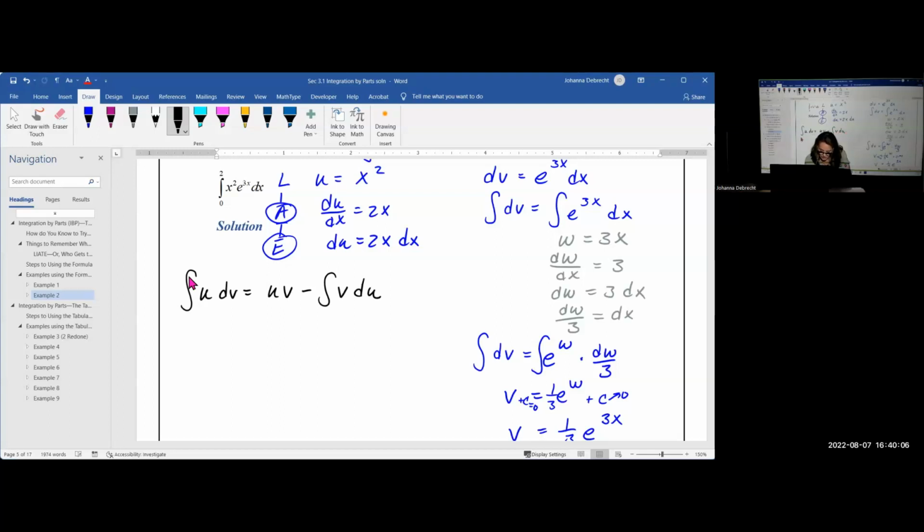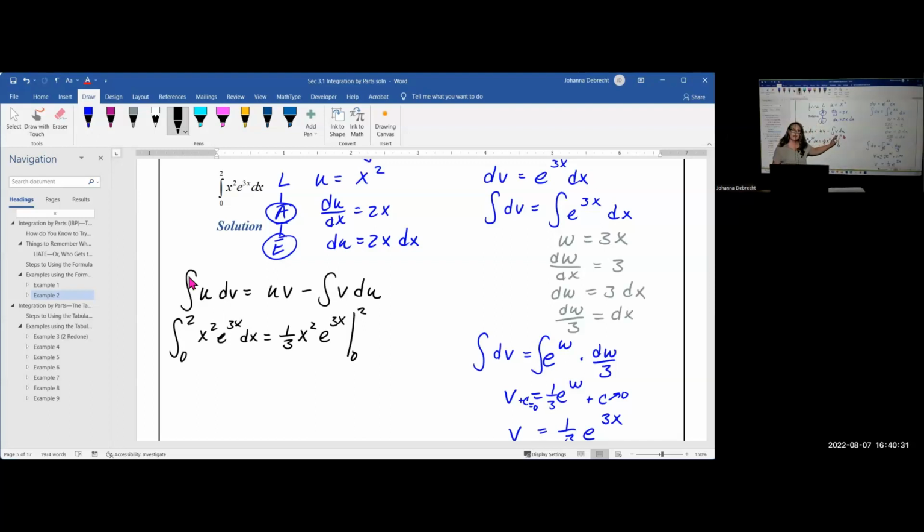So now we have the integral from 0 to 2 of x squared e to the 3x dx is equal to u, which is x squared, times v, which is 1/3 e to the 3x. So I get 1/3 x squared e to the 3x, and I need to evaluate that between 0 and 2.